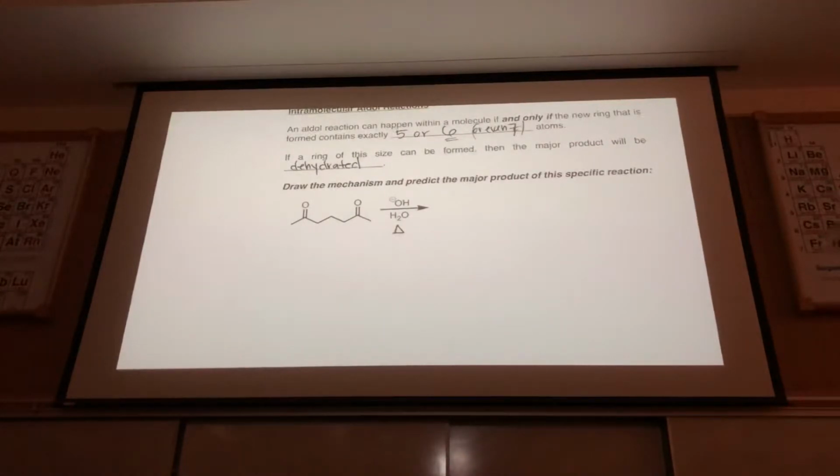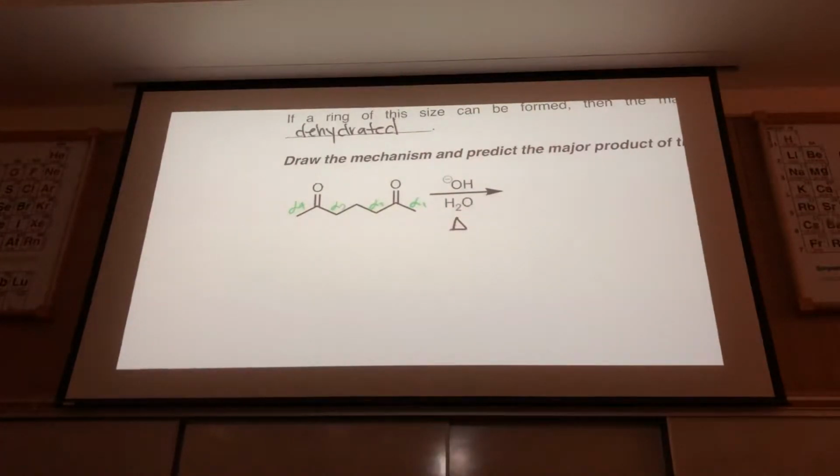So if I look at all my alpha H's, I'll just label them here, alpha, alpha, alpha, alpha. So I'll call this 1, 2, 3, 4, just in case I have to refer to them later. And I'm going to start counting from 1 alpha H to a carbonyl.